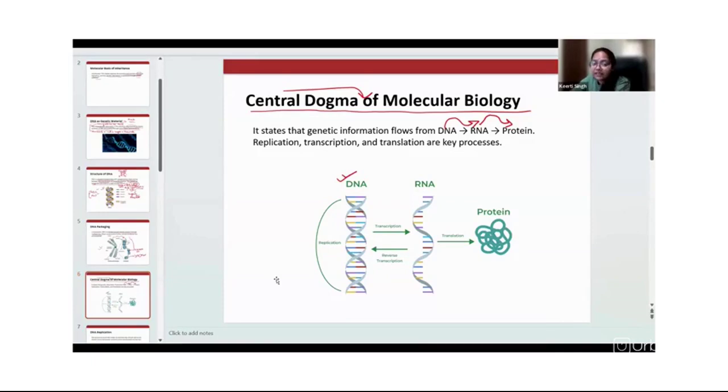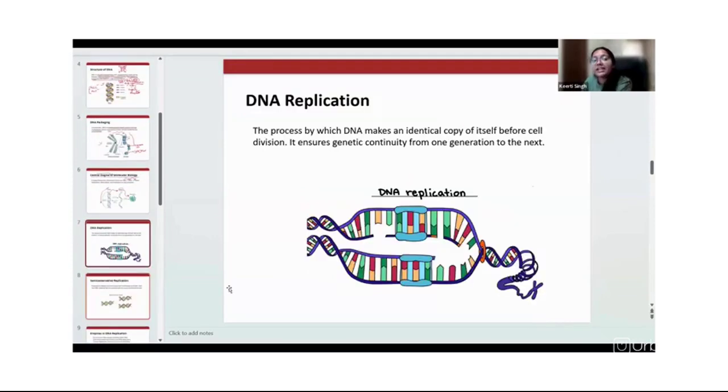So this DNA will replicate, and replication means nothing but creating a copy of this DNA, right? Using the information of this DNA, RNA will be formed. And when the information that RNA carries is transcribed, this will lead to the formation of protein, right? So in DNA replication, DNA makes an identical copy of itself before cell division.